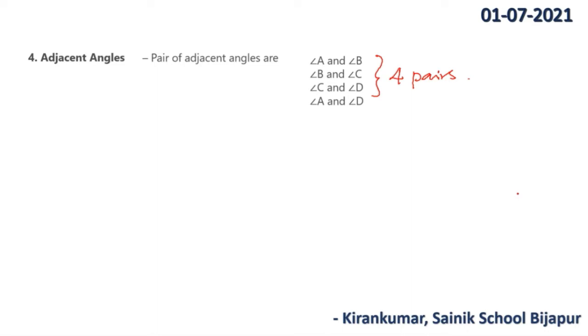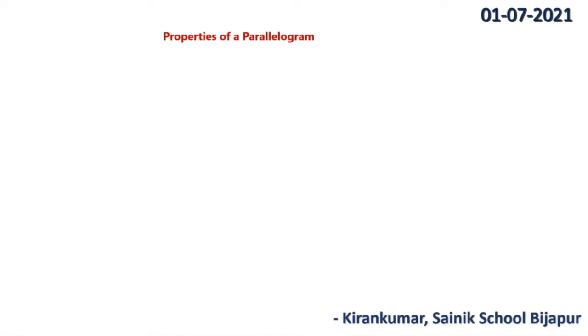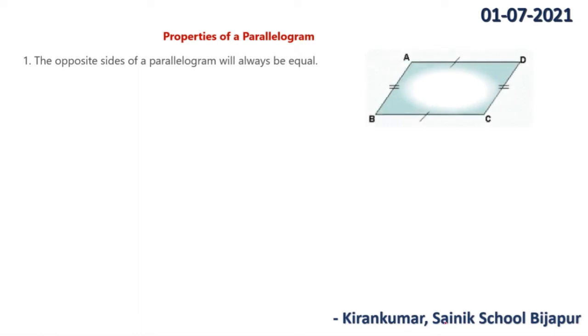With respect to these four elements of a parallelogram, we have got properties of a parallelogram. The first property is the opposite sides of a parallelogram are always equal. Here the sides AB and CD, AD and BC are equal, and they are parallel also.